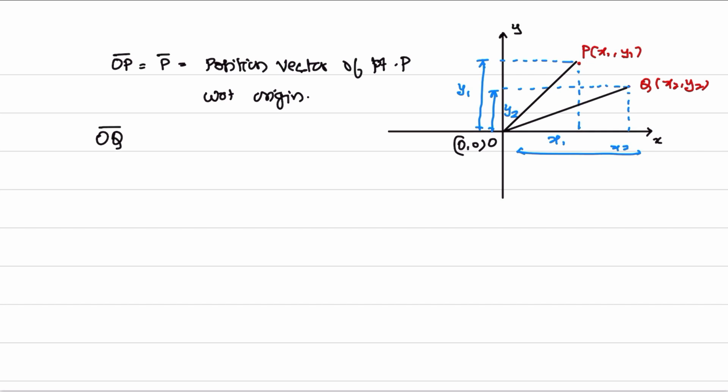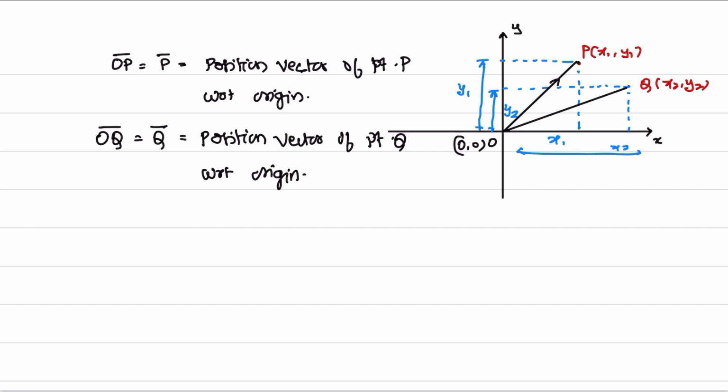OQ is equal to vector Q, that is the position vector of point Q with respect to the origin. That means the position of point P and the position of point Q with respect to the origin.